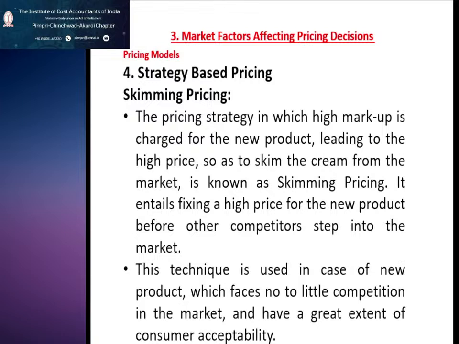Skimming means coming with the cream only. That's what the skimming process is all about, and it is typically used in buttermilk or cold coffee. So any product that you realize is adopting skimming pricing, we have seen penetration pricing being adopted by Reliance Jio.